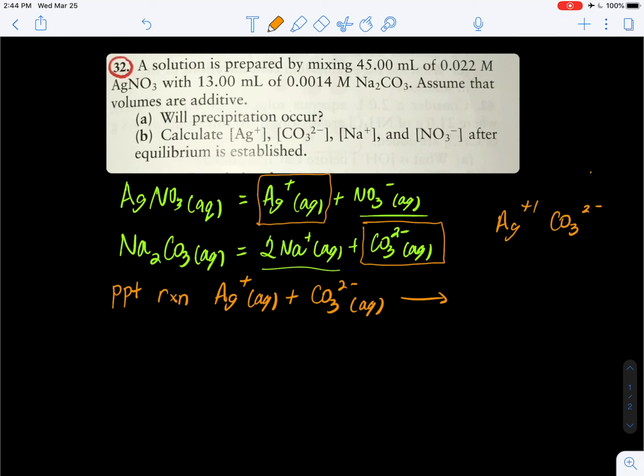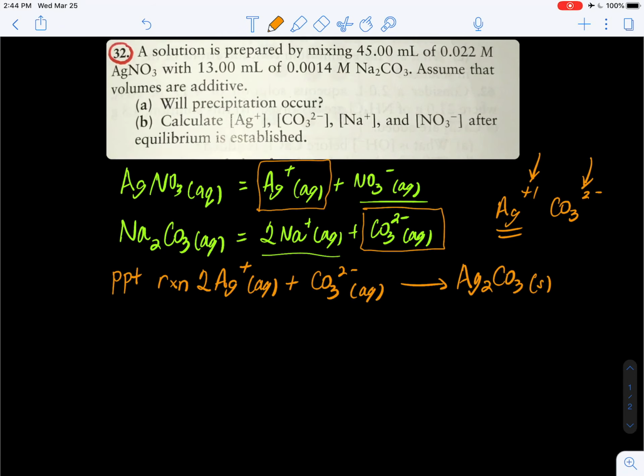So this has a charge of -2, so we need a total of a +2 charge to counteract that. So we're going to need 2 silver ions in the formula. And this is presumably going to be a solid substance that's not very soluble. Now we balance this chemical equation by putting a 2 in front of this, okay?